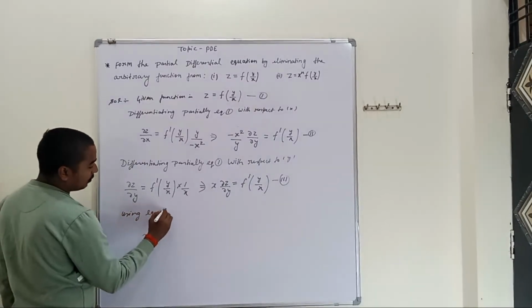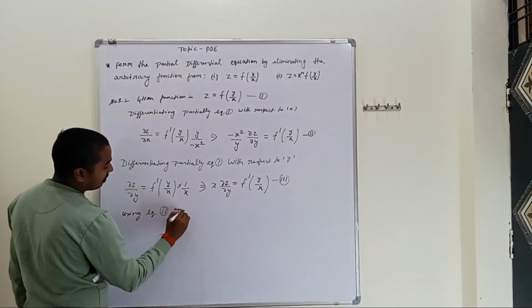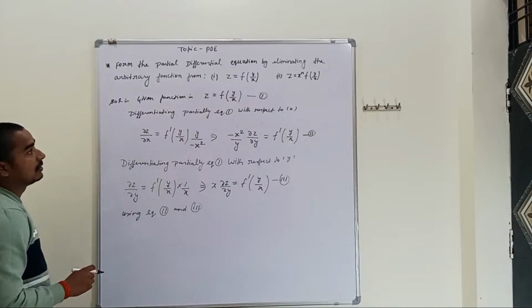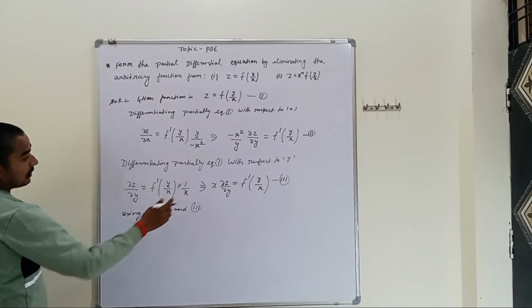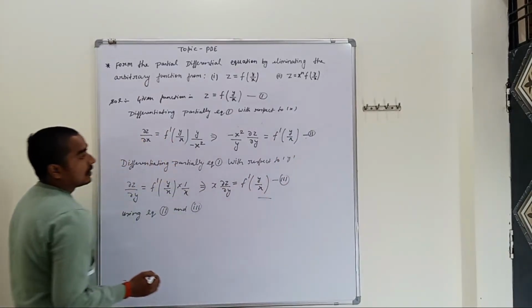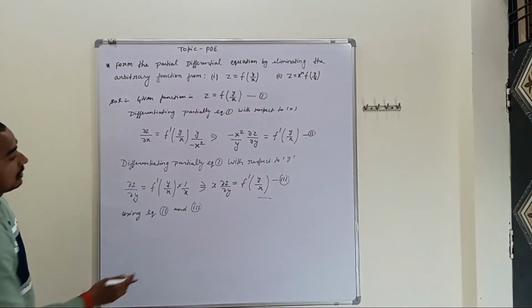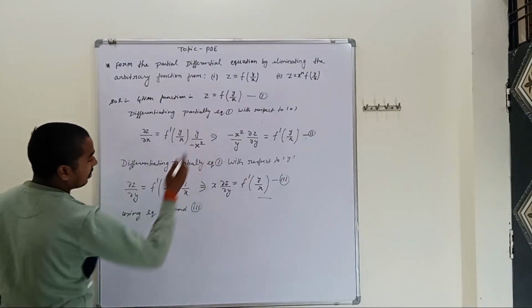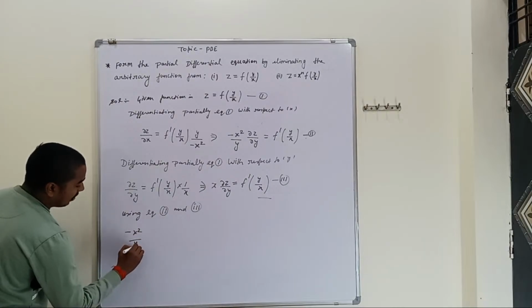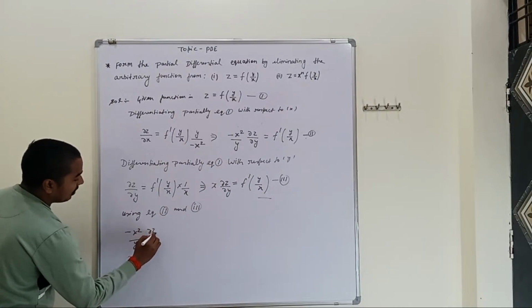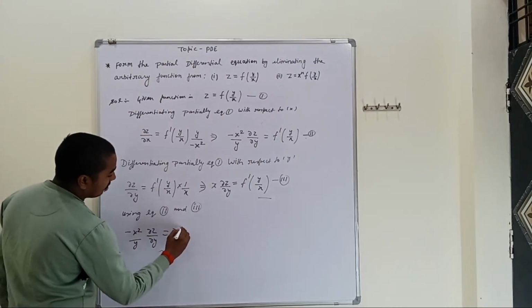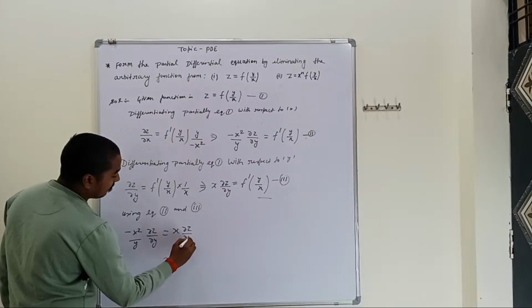Using equations 2 and 3, we have to eliminate the arbitrary function. From 2 and 3, the right hand sides are equal, so the left hand sides are also equal: minus x square del z upon del x is equal to x del z upon del y.